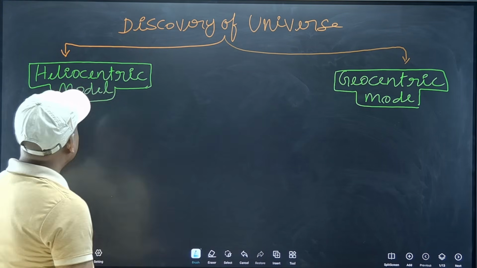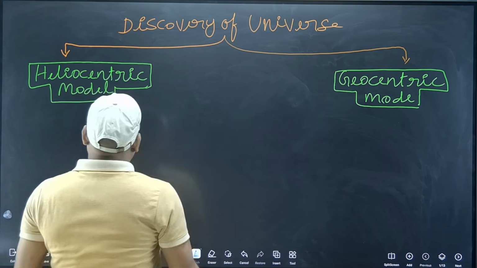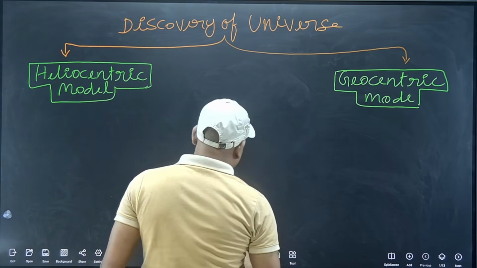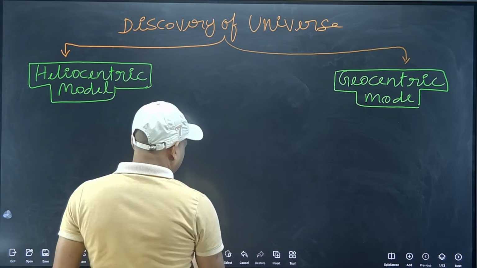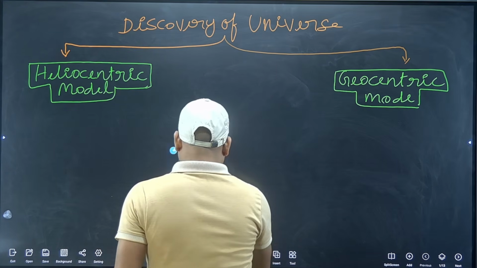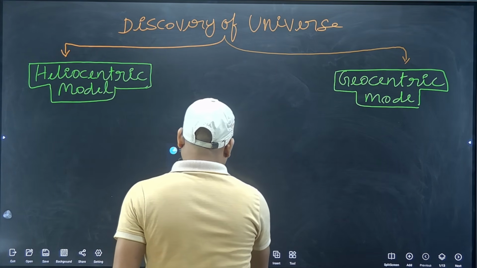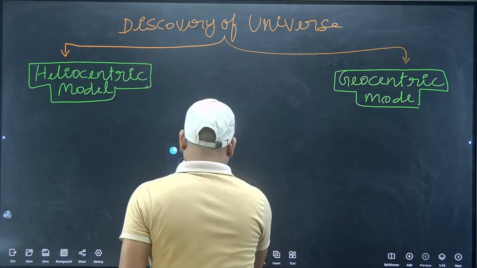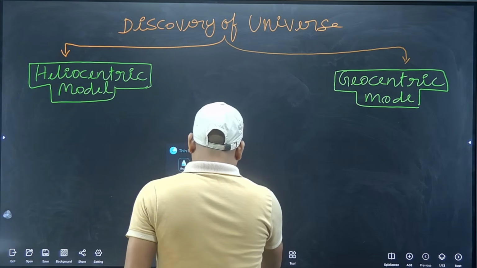So in the heliocentric model, they were saying that the sun is at the center of the universe. The first important supporter of the heliocentric model was Copernicus.